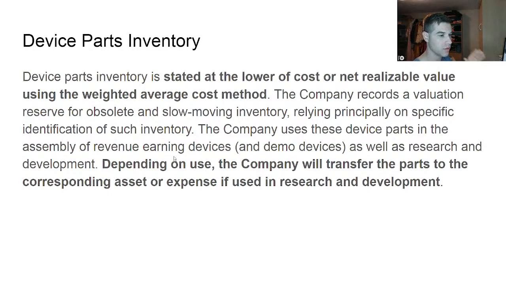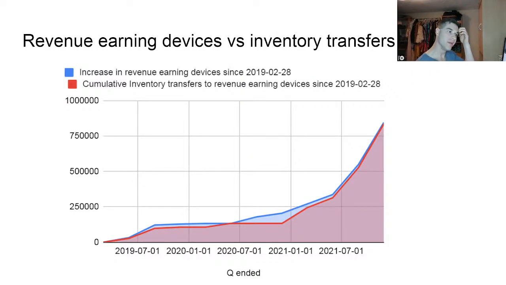We're going to discuss when they do actually transfer those parts inventory into revenue earning devices, because they have reported that in most quarters for the past 2 years or so, maybe almost 3 years now. And the interesting thing is they also report the total amount of revenue earning devices that they have on their balance sheet. They report those as an asset.